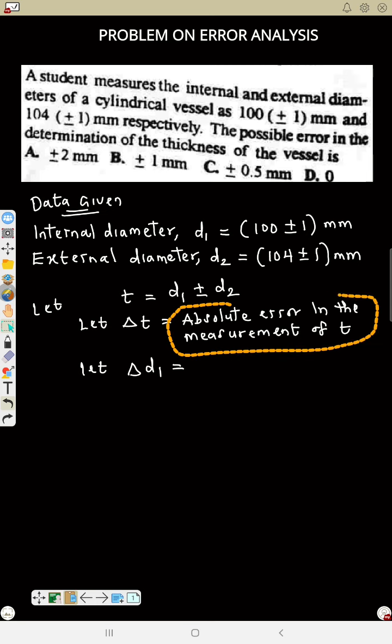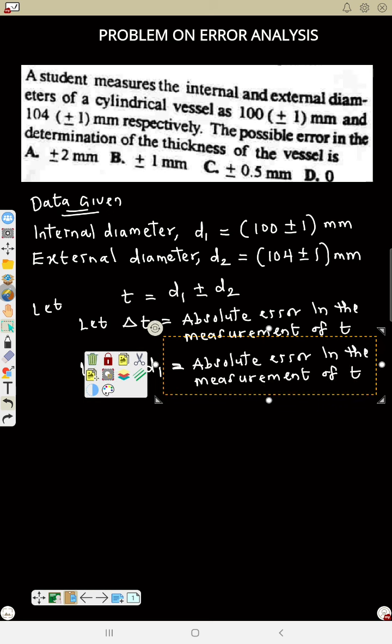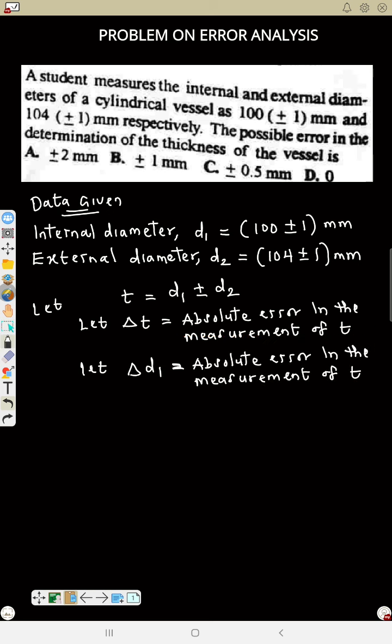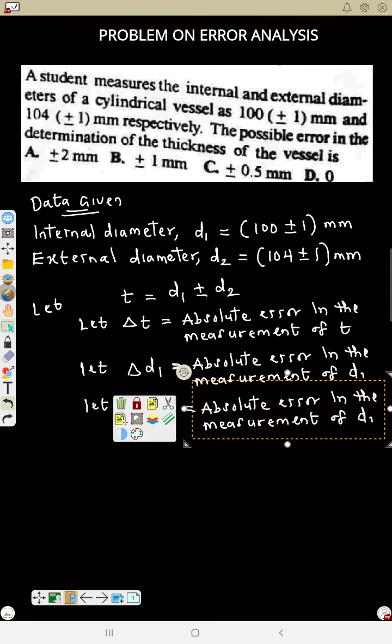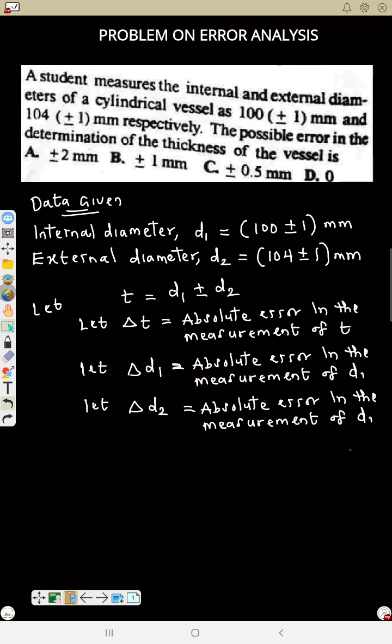So D1 is the first diameter, so absolute error in the first diameter D1, and let delta D2 be the absolute error in the second diameter, so that is in D2.